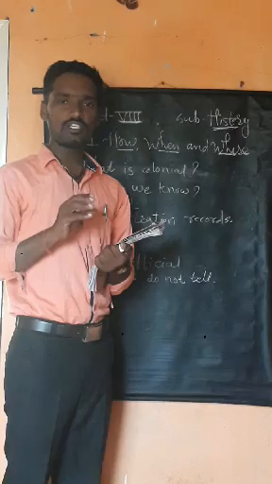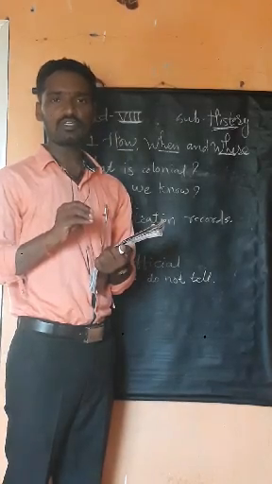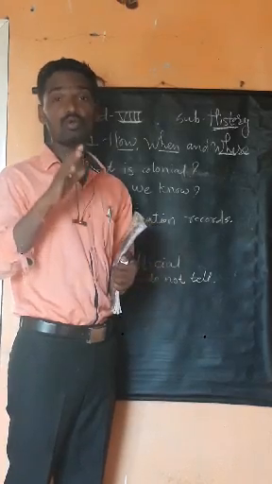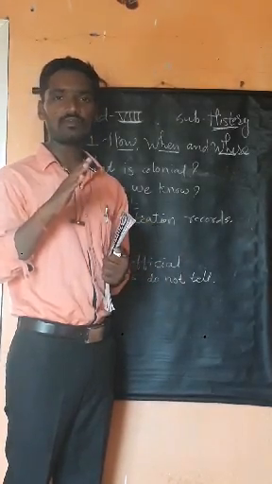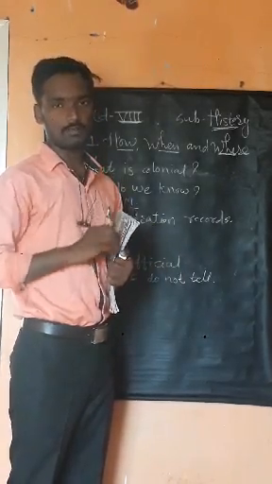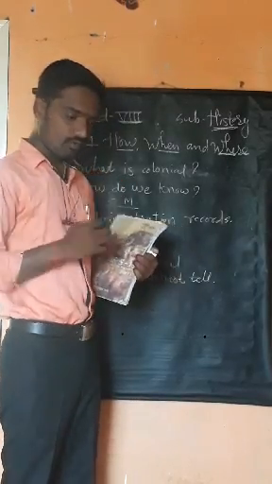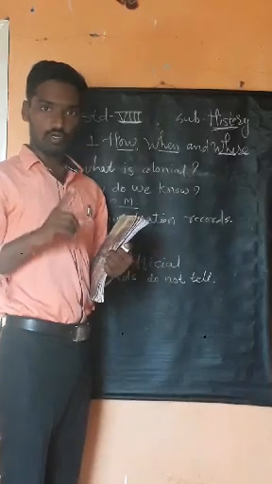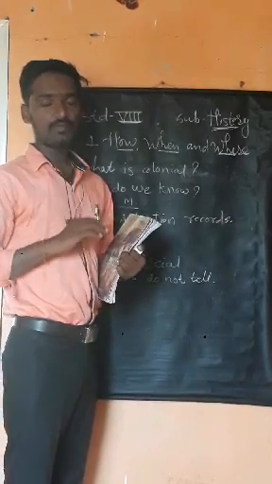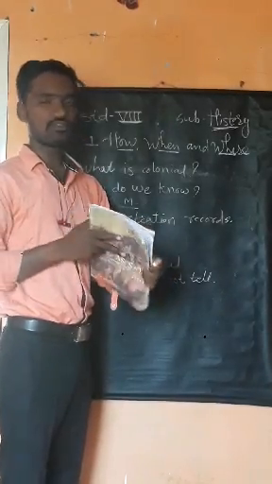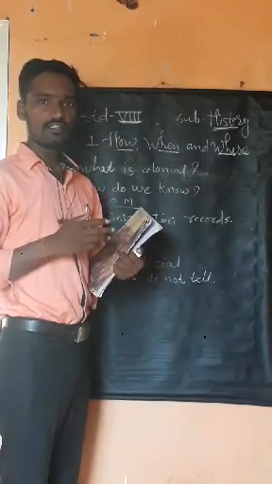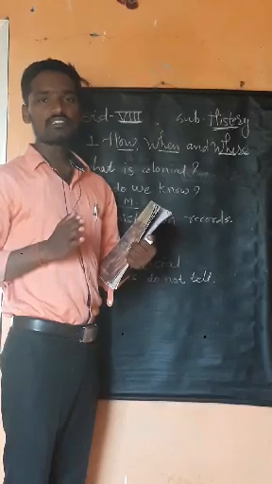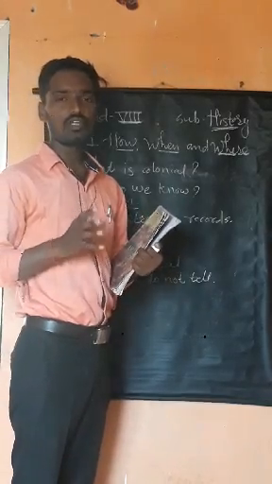Actually, British people came to India and their intention was not to establish rule over India. But when the British came for business, for trade, at that time they observed there were many kings ruling over India.